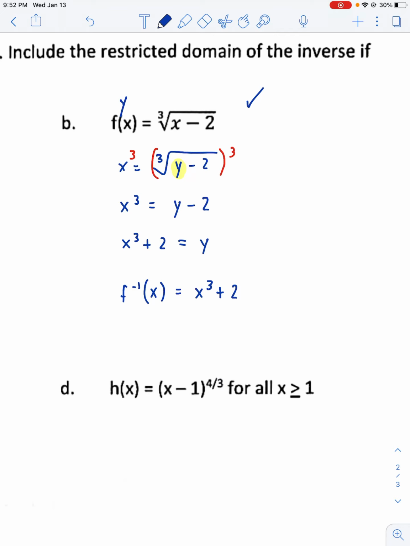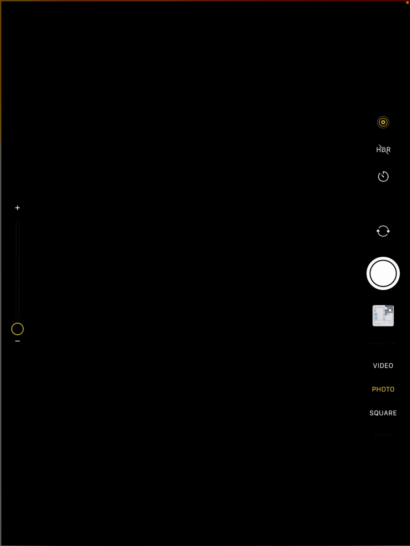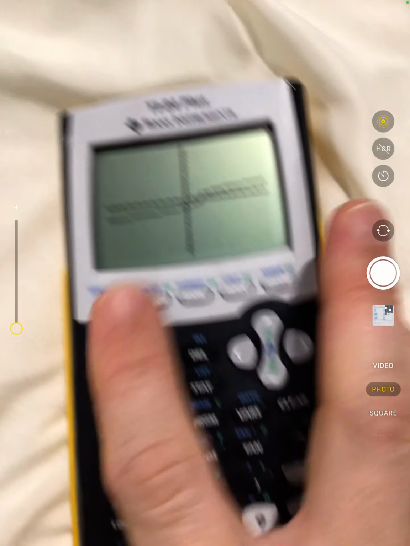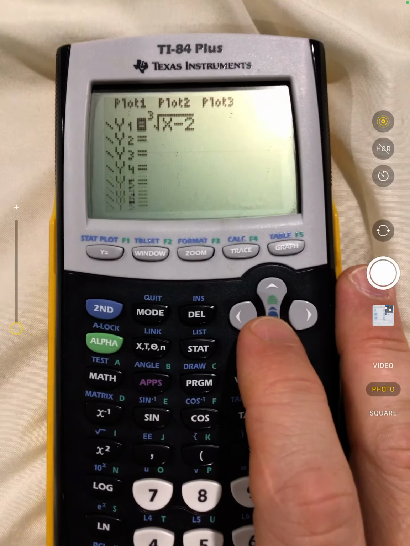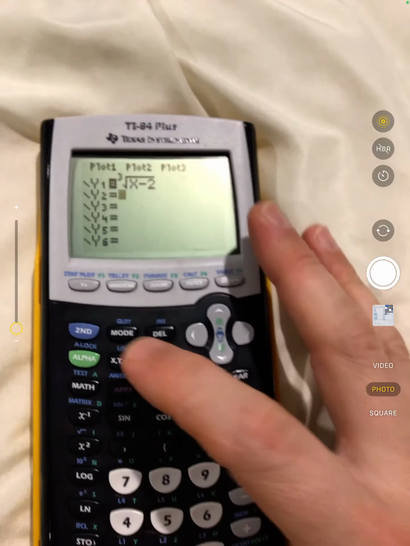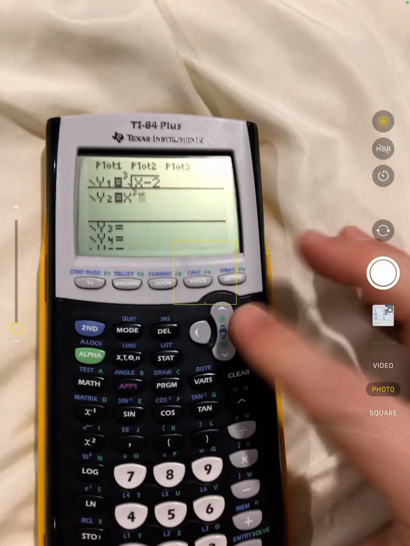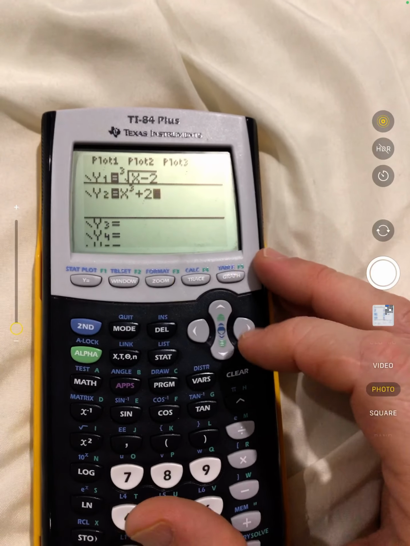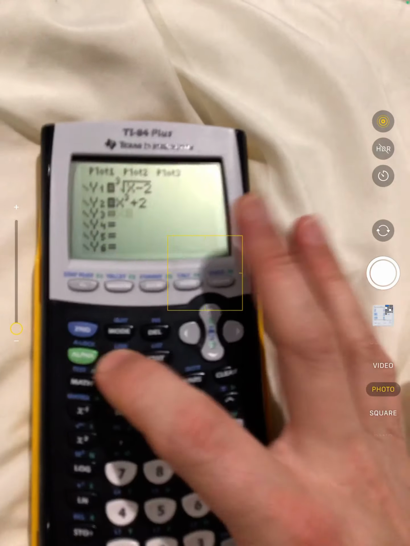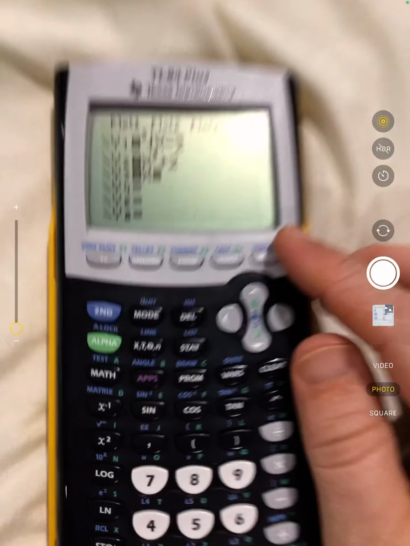So let me show you this in the graphing calculator. We're going to do two things. I'm going to not only rewrite this equation as x cubed plus 2, but I'm also going to graph y equals x. Because why?